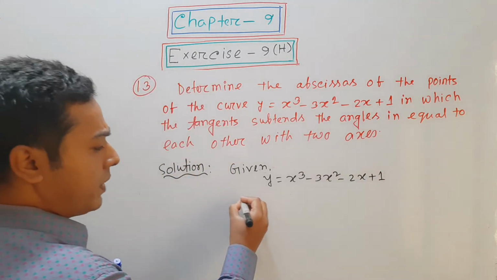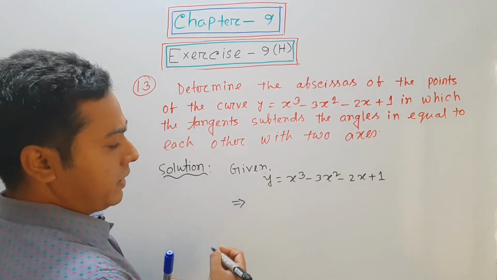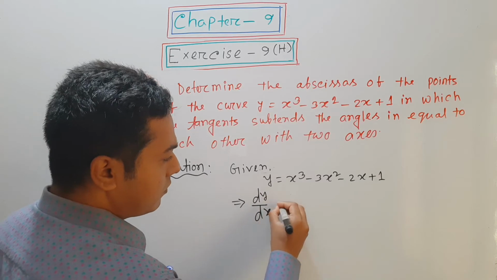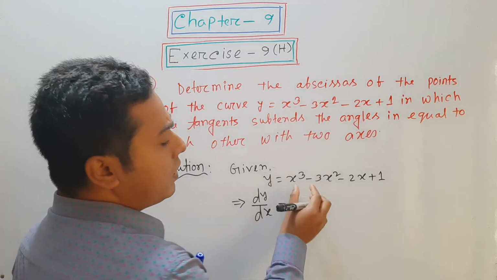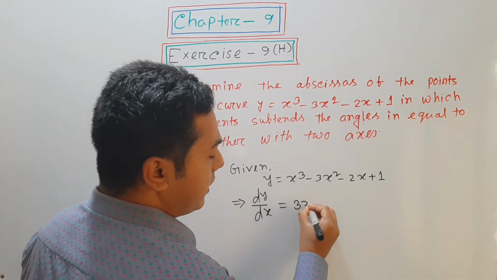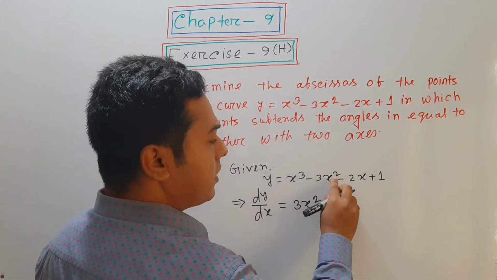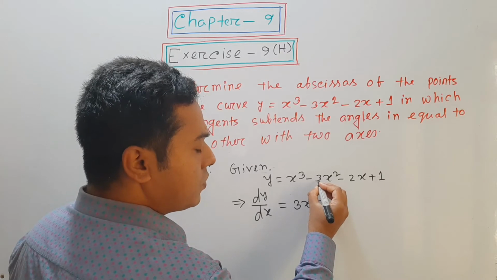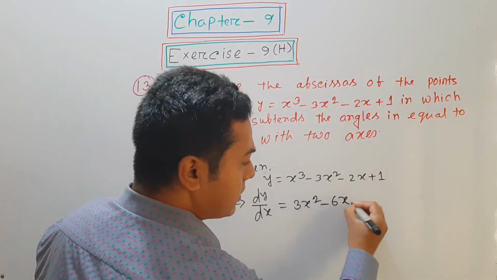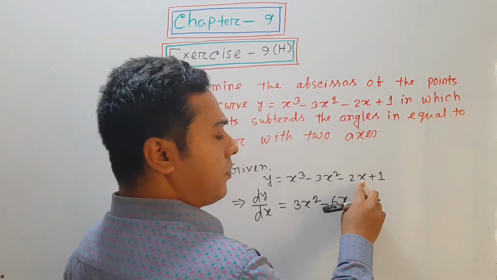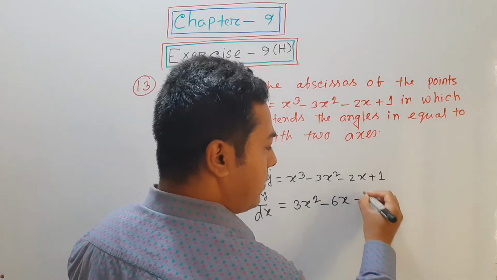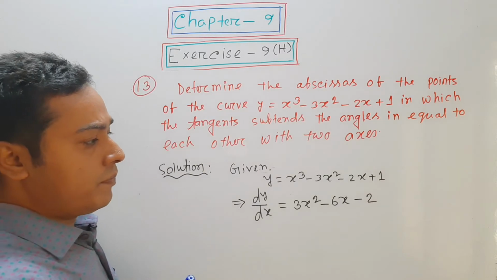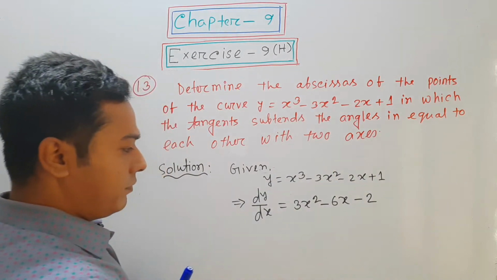Now the differentiation with respect to x: differentiation of x cube is 3x square, and differentiation of x square is 2x, and multiplying 2 with 3 is 6x, and differentiation of x is 1, so it will be minus 2, and differentiation of 1 is 0 because this is a constant number.